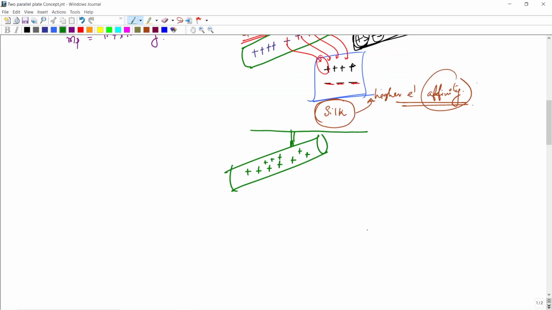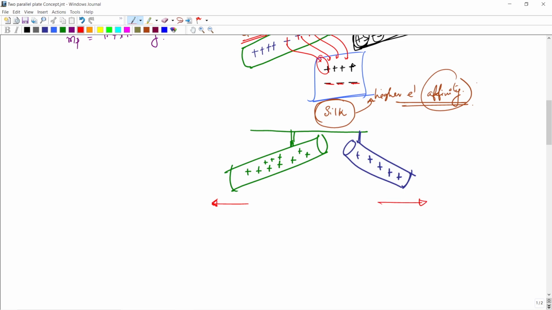Okay, we take another glass rod, give the same treatment, rubbing with silk cloth. Now if two glass rods are brought very near to each other, we see that the green colored rod moves to the left and the blue colored rod moves to the right.